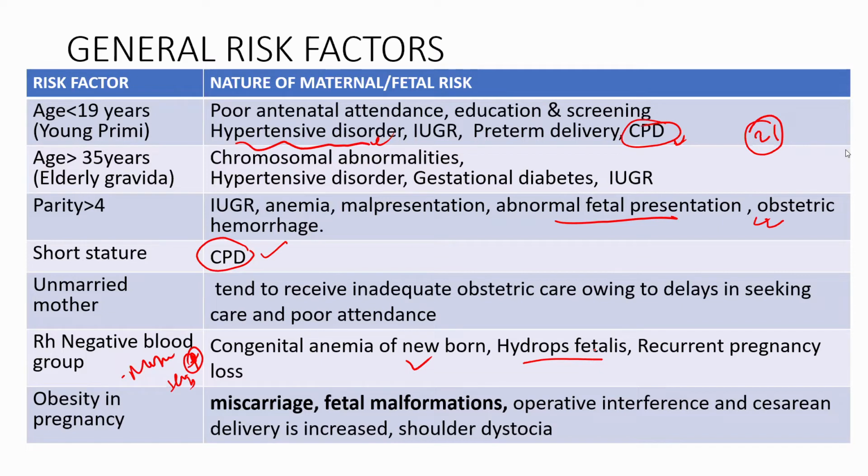Like neural tube defect, there are more in case of obese patients when we compare to lean or normal BMI patients, because of folic acid deficiency. Most obese women are deficient in some micronutrients like folic acid, also vitamin D. And operative interference: because of obesity, there is a tendency of prolonged labor, operative intervention, increased cesarean deliveries, and chance of shoulder dystocia. Usually in obese patients there could be a tendency of macrosomic baby, and it can lead to shoulder dystocia.